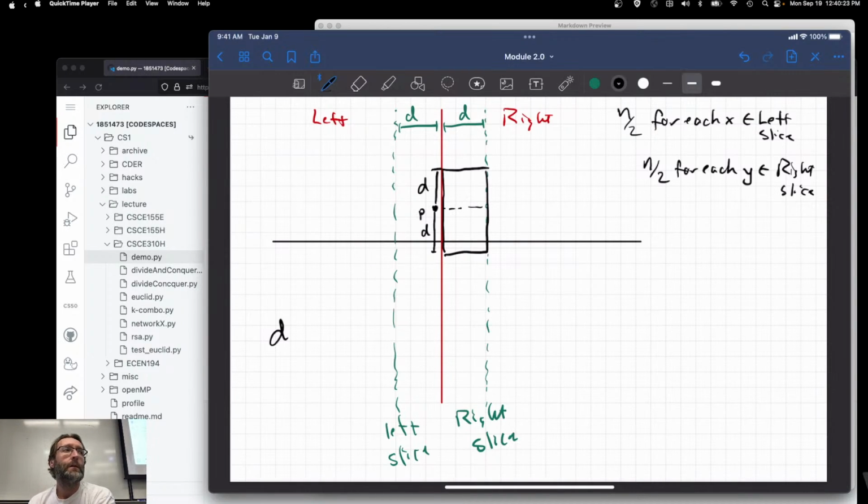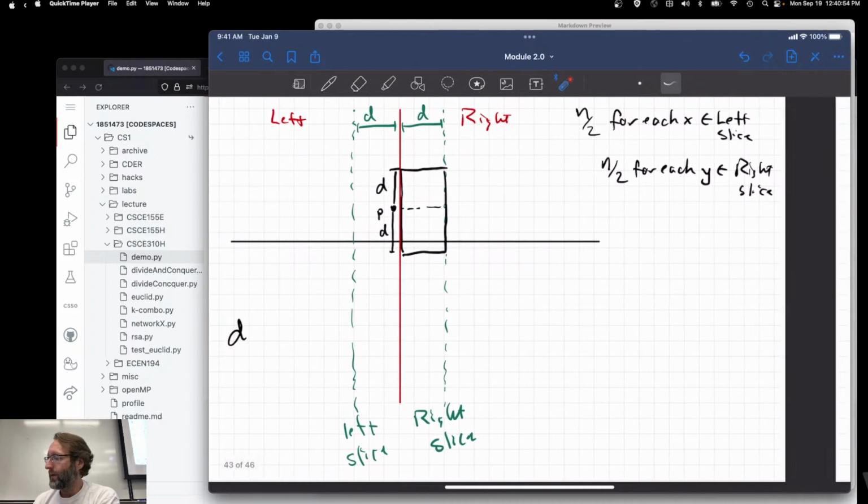If it was up here, it's already distance D away from the point in the y direction. There's no way that it's going to be closer than distance D in the Euclidean distance sense. Likewise, if it lies over here, for the same reason as before, it's already distance D away from our dividing line, so there's no way that it's going to be closer than distance D to our actual point. Excellent. So here's our little slice, okay?